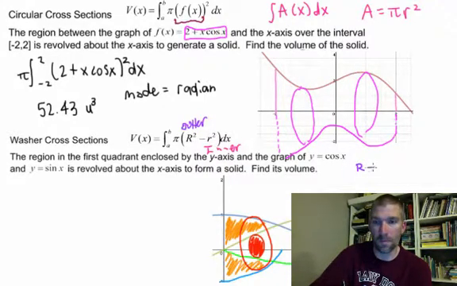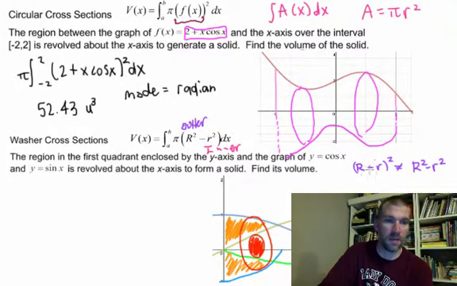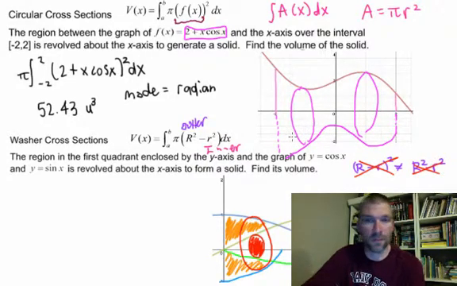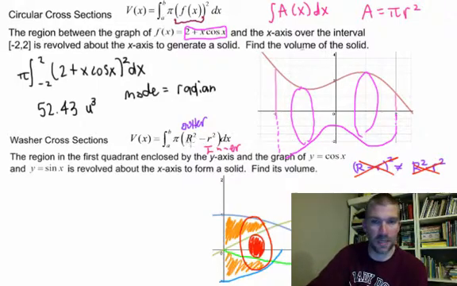Please know that this does not equal this. Okay, if you attempt a washer problem this way, you are going to be doomed from the start. Okay, notice that it's big R squared minus little r squared inside the parentheses.